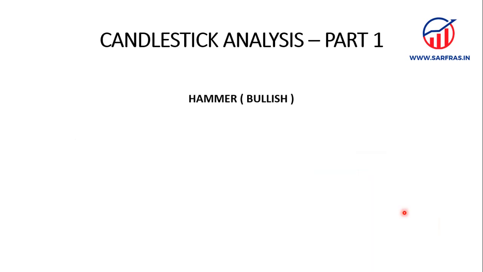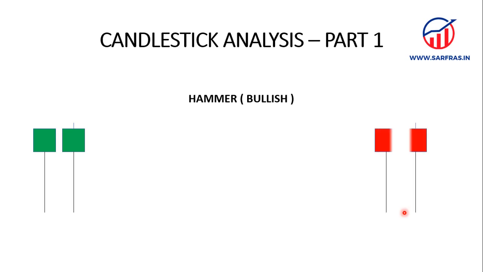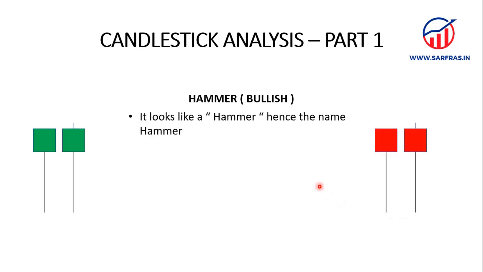Then the next candlestick we're going to cover is the hammer. Now hammer is basically a bullish candlestick pattern. Basically the candle looks like a hammer, hence it has got the name hammer. One thing to note, which is very important, is the color doesn't make any difference.